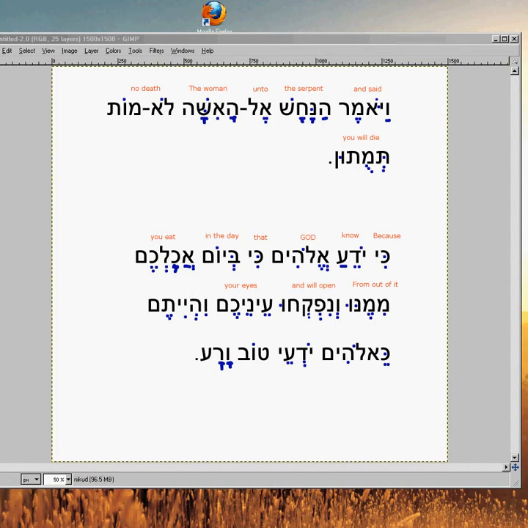Vehayitem, and will be. Lihiyot is another form of this, and it means will be. Will be ke Elohim. Now we know Elohim already, and this prefix attached to Elohim means like. So you will and will be like or as God.